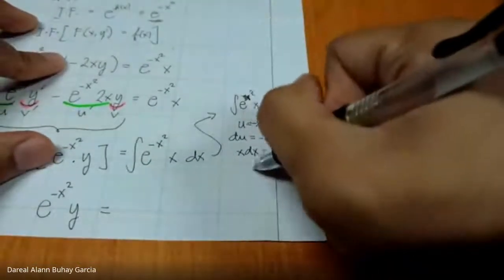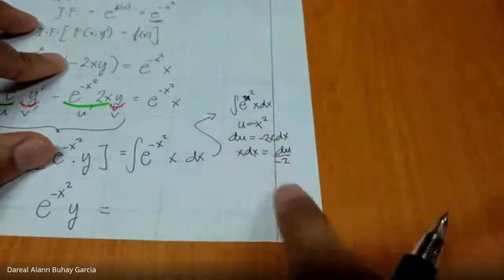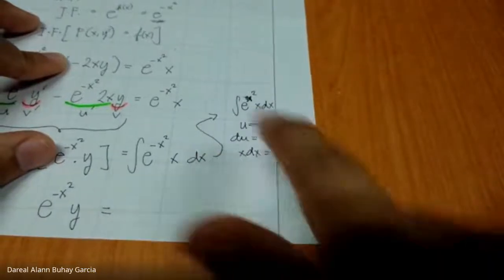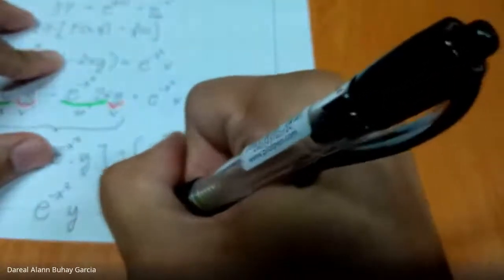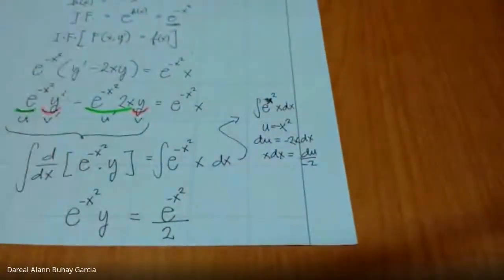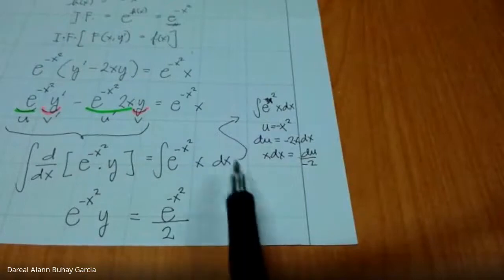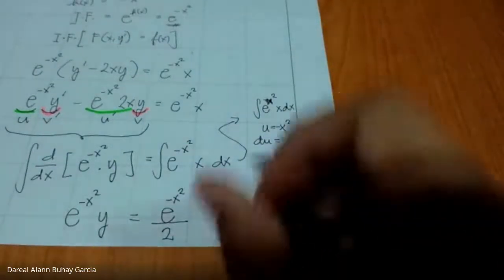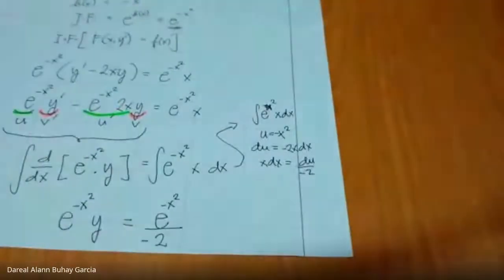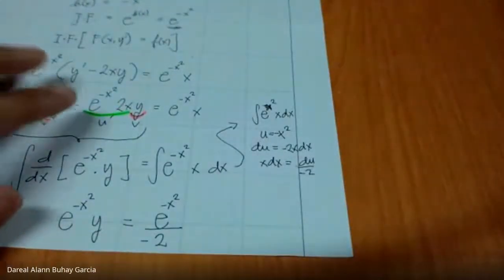So the integral of this one is e to the power of negative x squared over 2, because x dx disappeared, du over negative 2. Plus c. Okay?